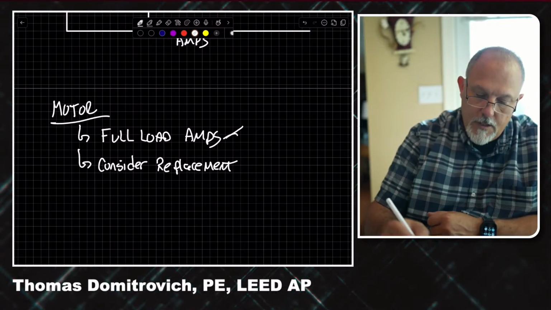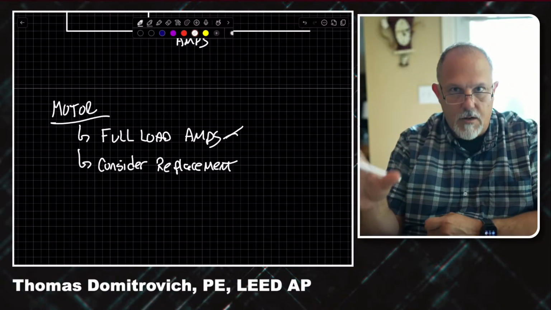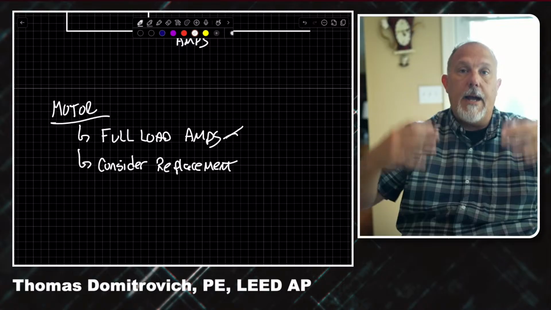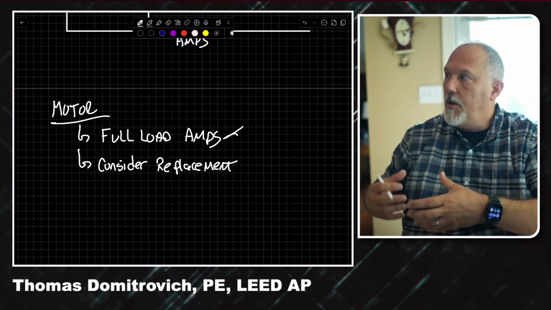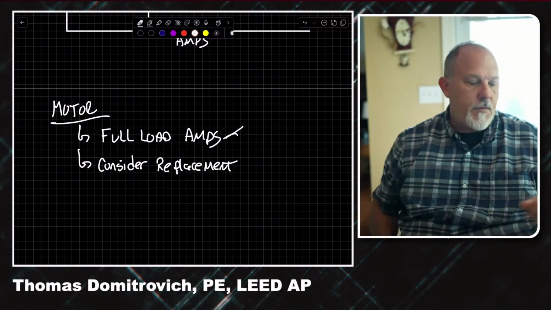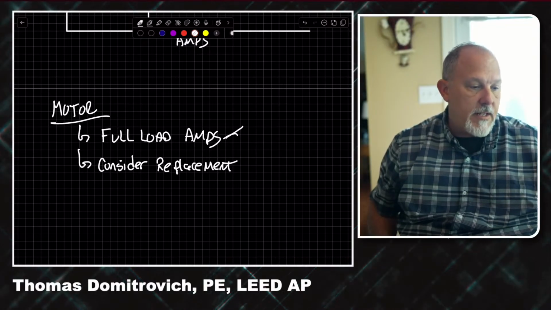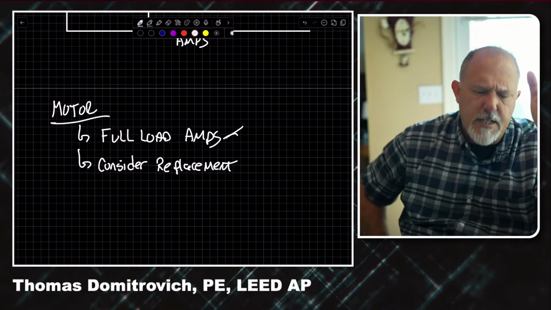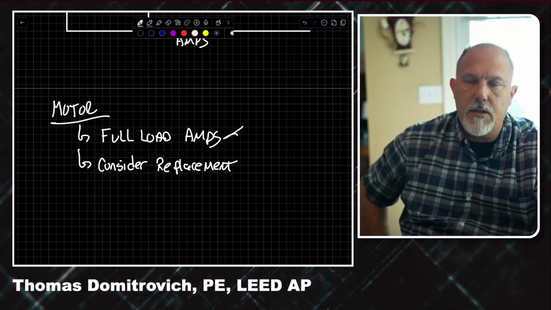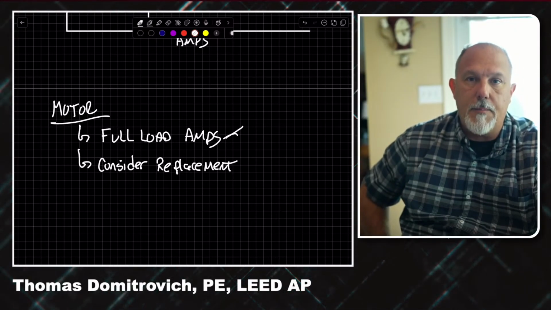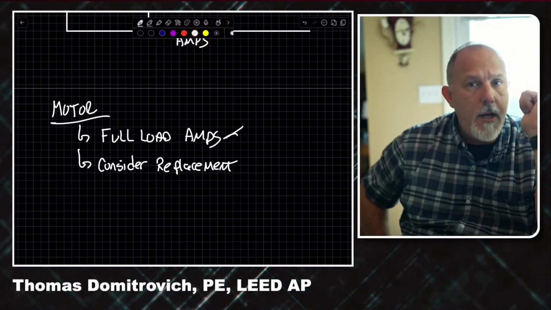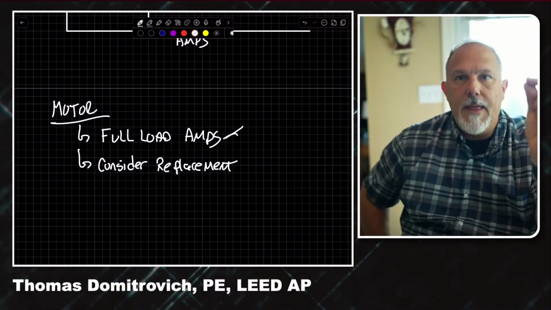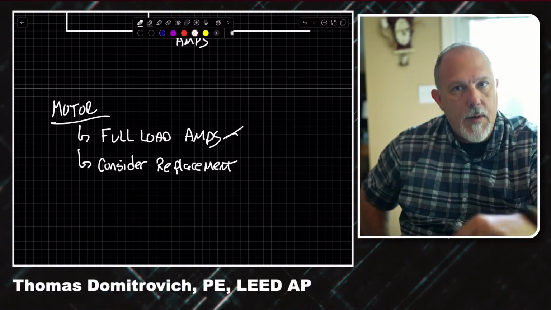So the code does call this out, but it's a real world scenario that I will take a motor, and maybe that motor's been in service for, God only knows how long. Let's say it's on a conveyor belt in my plant, and the dirt, the dust, the grime, the weather, I'm going to replace that motor. I'm going to buy another motor of the same horsepower, all that jazz, same type, and then I'm going to put it in. That new motor may not have the same full load amps.